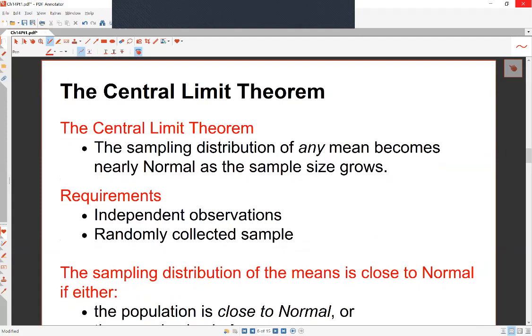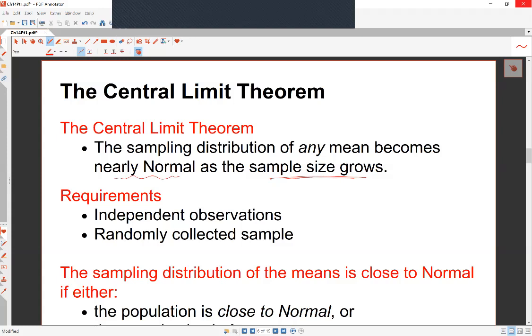What the central limit theorem tells us is if you are calculating the sampling distribution of any mean, so the quantity you're interested in is the sample mean or the sample average, if you want to know what that distribution looks like, the sampling distribution becomes normal. The larger your sample size is, or as your sample size grows, the sampling distribution becomes more and more normal. And again, I'm going to show you another illustration of this concept in a minute.